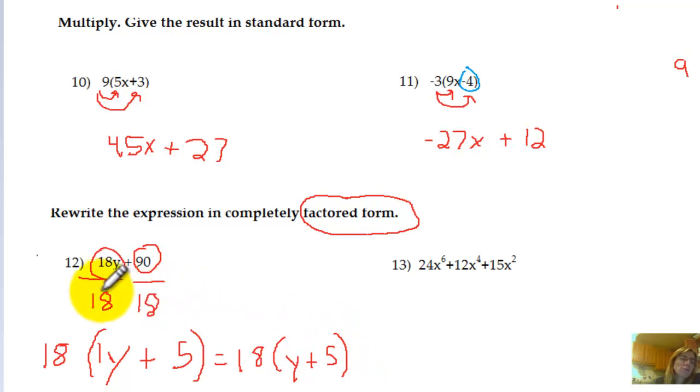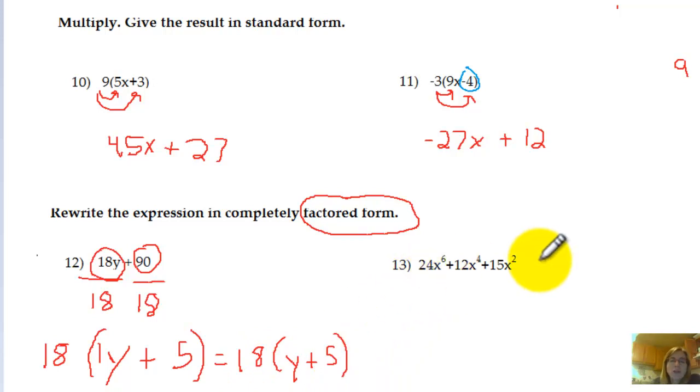So remember, what you divided by has to go on the outside of the parentheses, and whatever you ended up reducing on the numerators go here in the parentheses. So if we were to do the distributive property, we should get back the 18y plus 90, and that works. 18 times y is 18y, 18 times 5 is 90.